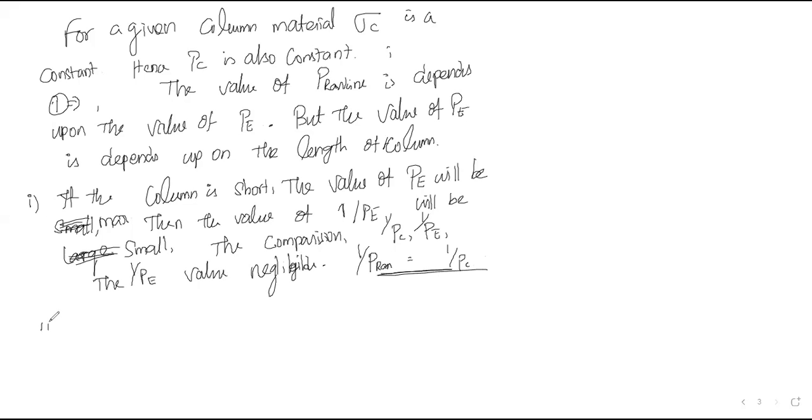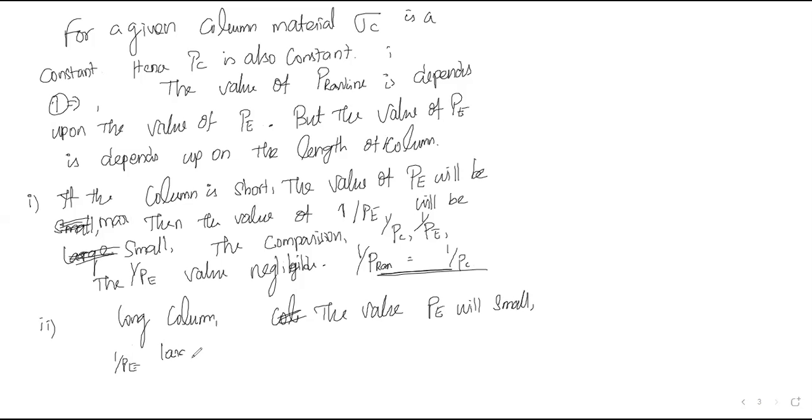And if it is a long column, then the value of PE will be small, so automatically the 1 by PE value becomes large.